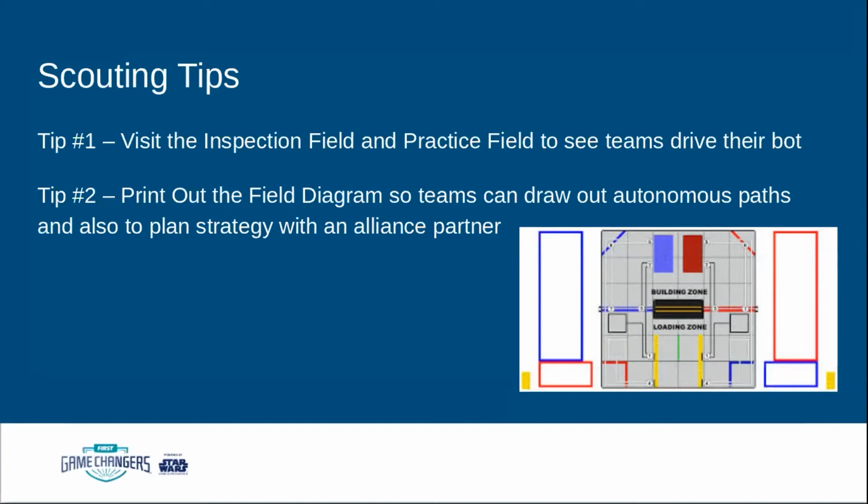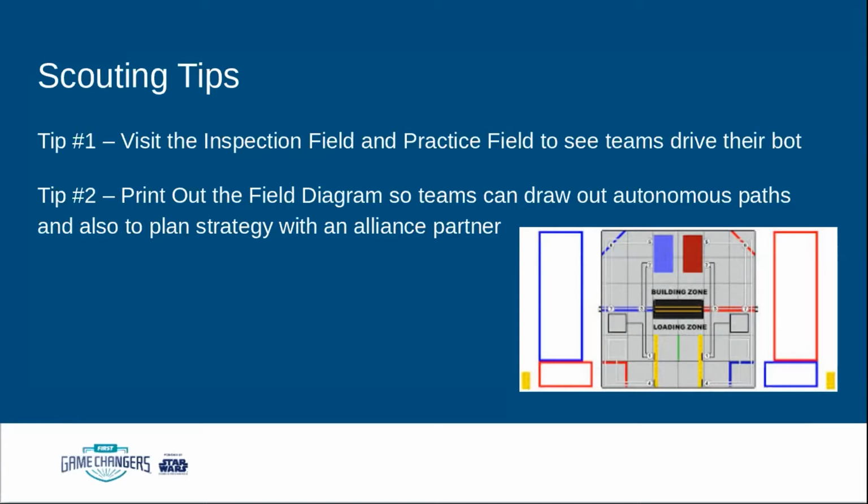A lot of the time, you can get an idea of what a team might be capable of or what you want to make sure you focus on when you're viewing that team from the second you see their robot. Also, a little trick is the inspection process is a lot of the time the closest you're going to get to some of these robots. So again, take advantage of this fact and feel free to look at their designs and talk to them.